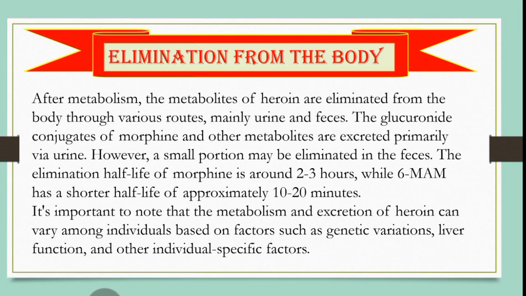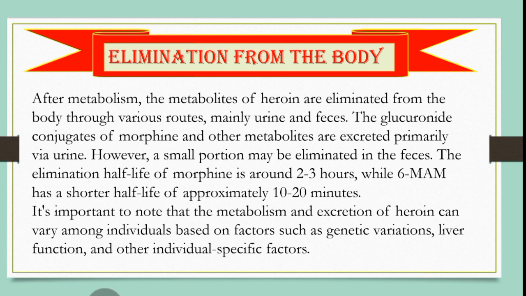Elimination from the body. In this slide we discuss how heroin is excreted or eliminated from our body. So basically the metabolites of heroin are eliminated from the body through various routes, mainly urine and feces.